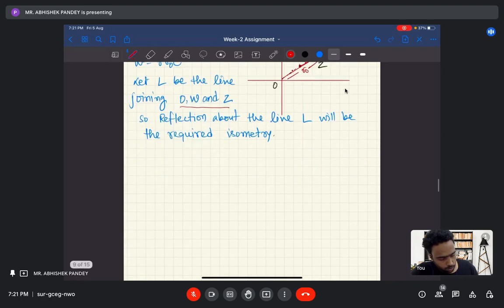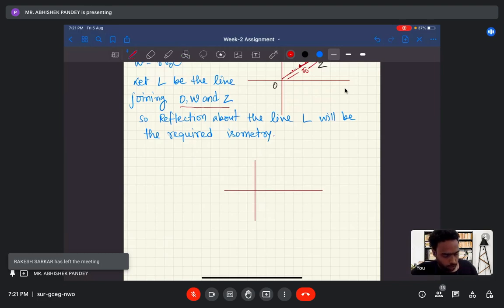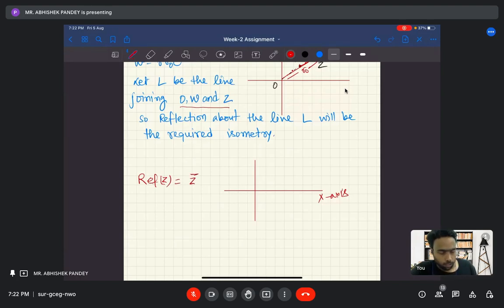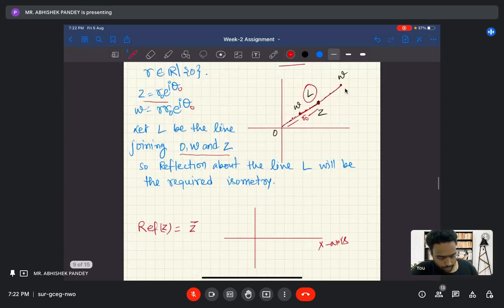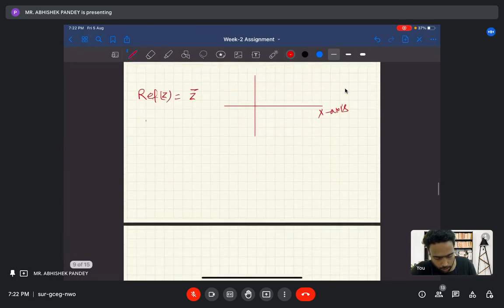Like as we know, for the x-axis, reflection about x-axis is nothing but Z bar, and Z bar is an isometry.